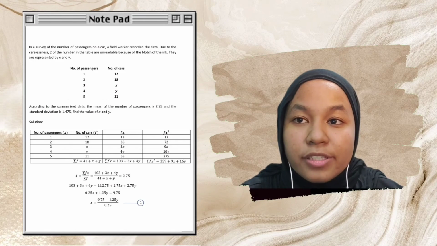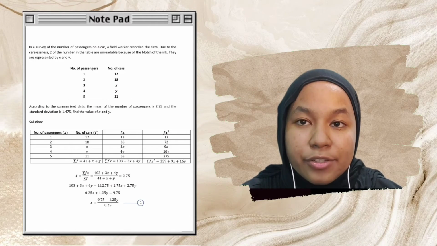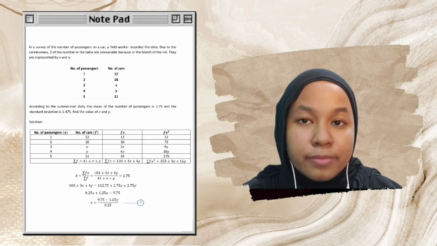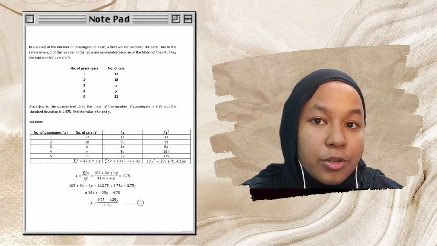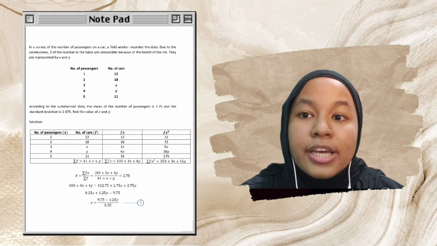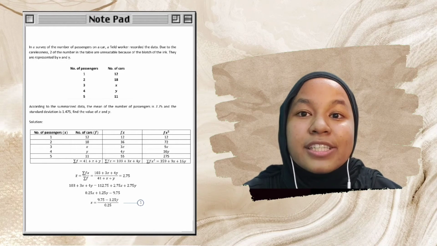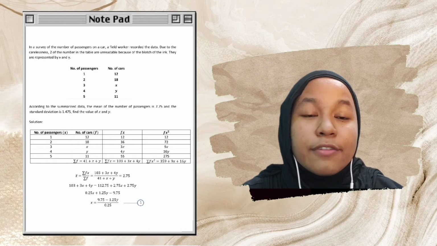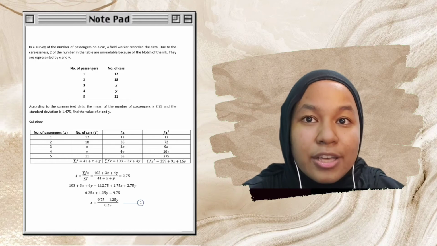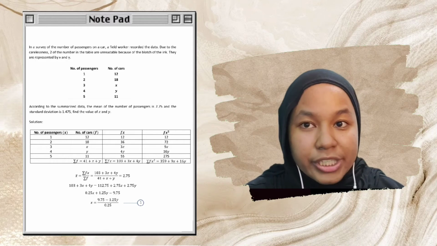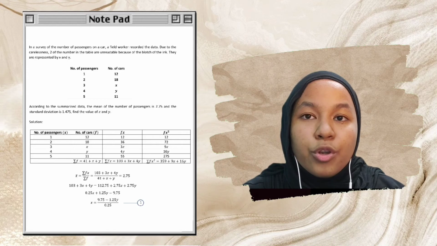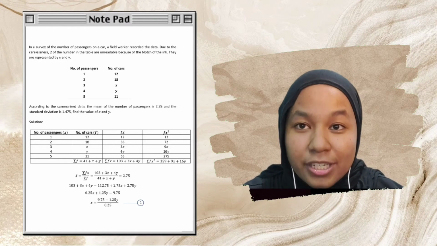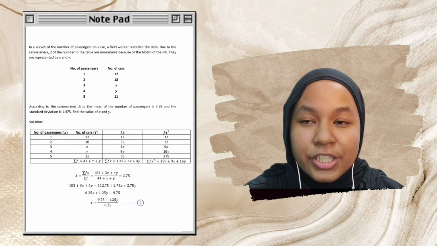This question is about a survey of the number of passengers in a car. Due to carelessness, two of the numbers in the table are unreadable, and we need to find those values, which are X and Y. The question gives us the value of the mean and the standard deviation. The first thing that comes to my mind is that we need to do simultaneous equations. So we look in the book and find the right formulas for the mean and the standard deviation.